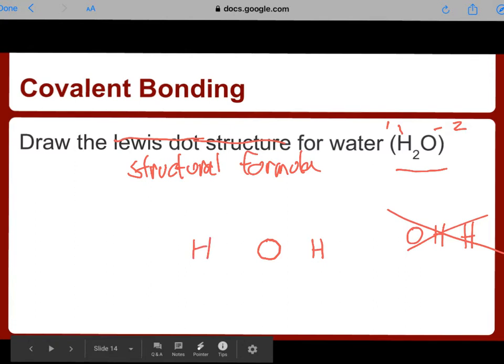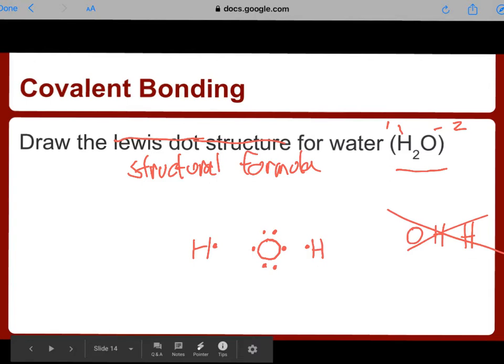Need to put my valence electrons in. Hydrogen's easy, that just has 1 valence electron. Oxygen should have 6. So we'll do 1, 2, 3, 4, 5, 6, like that. And now I need to attach these hydrogens onto this oxygen.